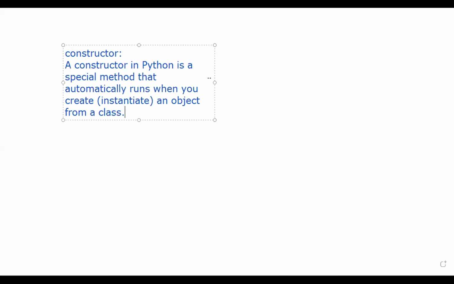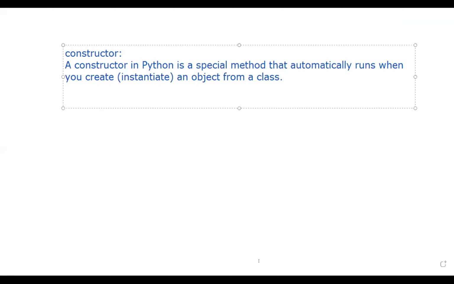So a constructor is a special method. You don't need to call the function, but you have to create an object. The first constructor is called init, and we say that it sets the initial values.